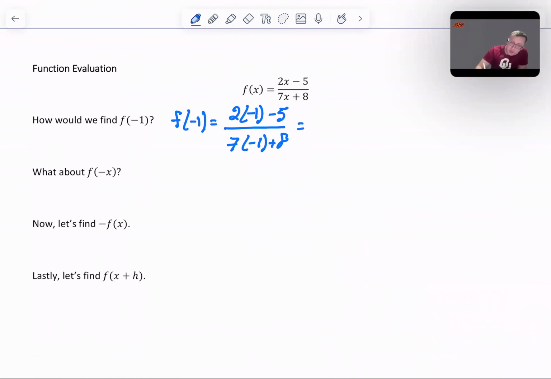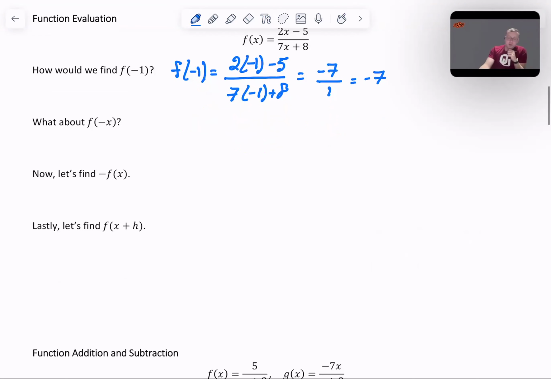In the numerator, this becomes minus 7. In the denominator, this becomes 1. So if I simplify that, it's minus 7. That one's pretty simple. Just plug and chuck. That's all it wants there.